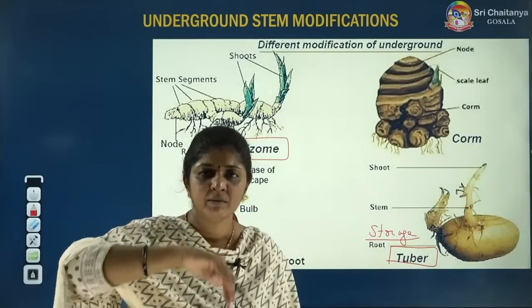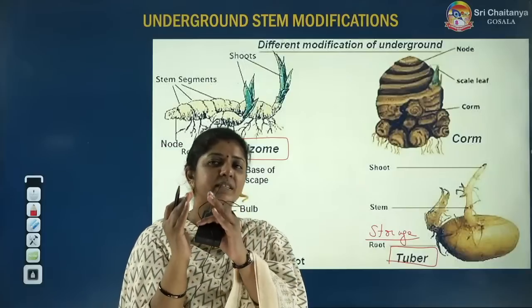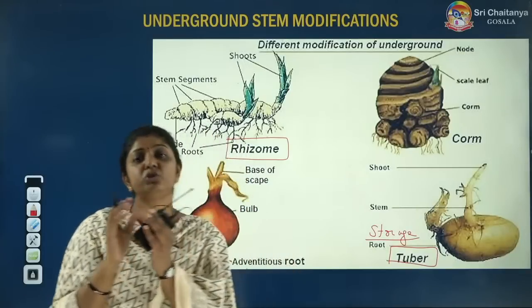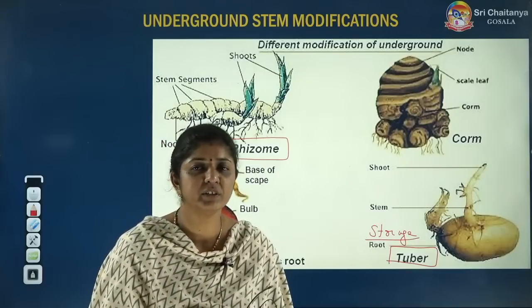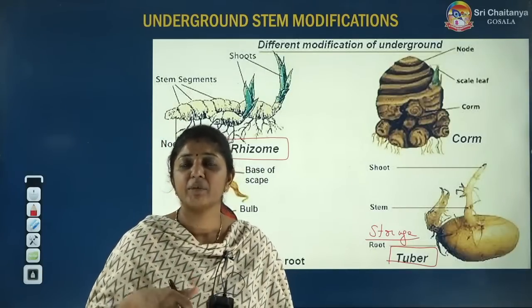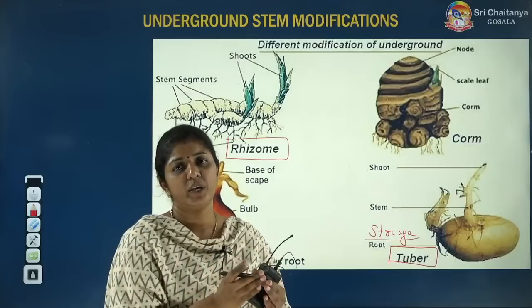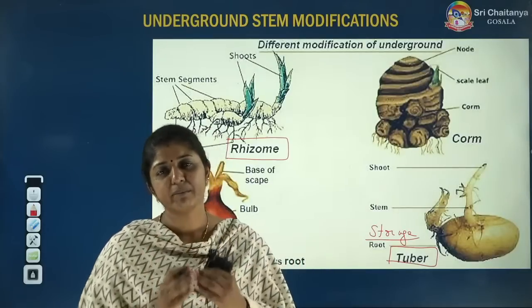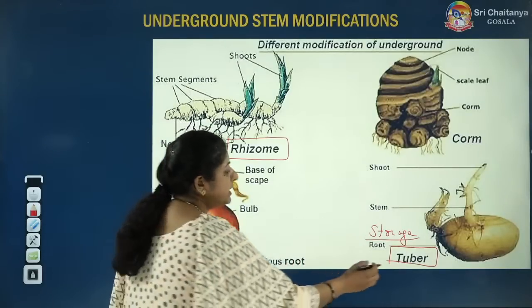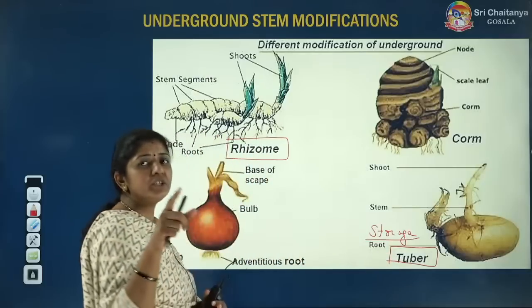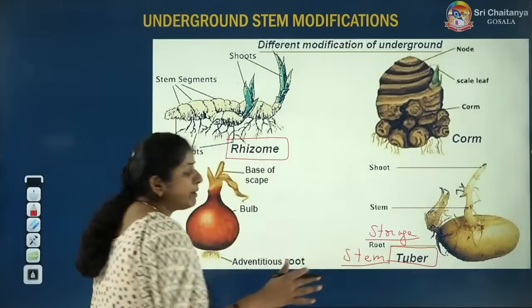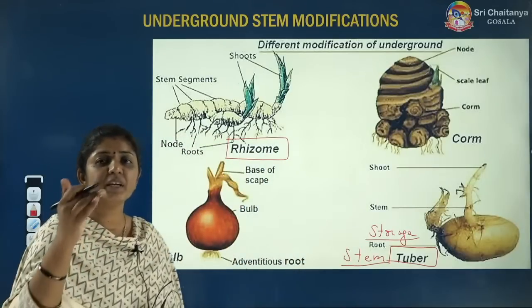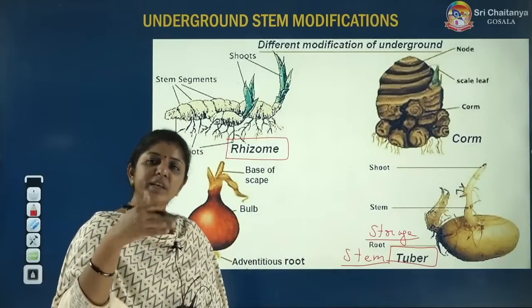It is becoming underground. We said the stem, or you can say the shoot system, is above the ground. But now this is a modification. It is coming down and more function of this is what? Storage. So this is one of the examples of stem modification, which you call a tuber. Which tuber is it? Stem tuber. So stem tuber is not a root, even though it is underground. No, it is what thing? Stem only.